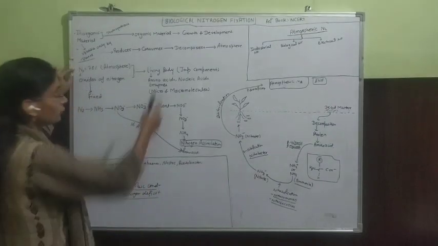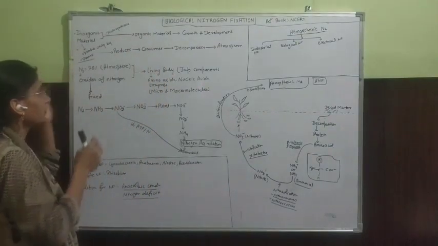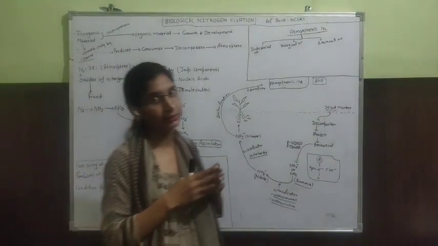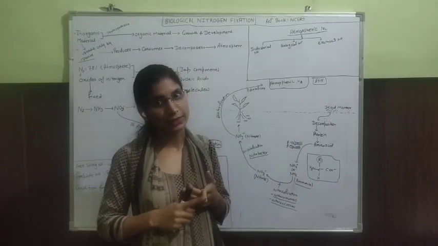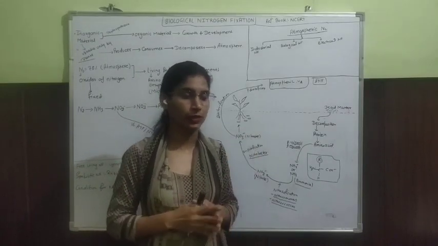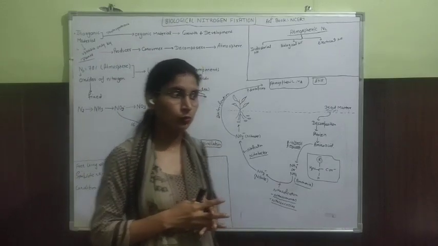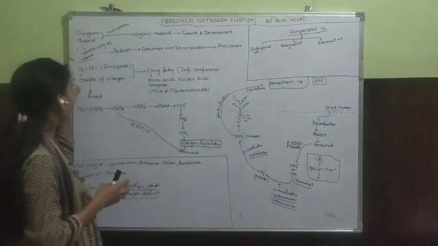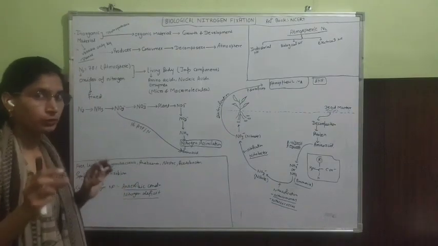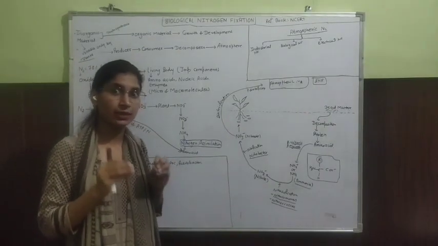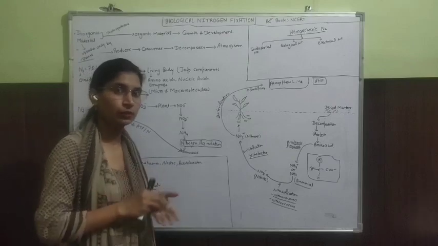Because we are talking about nitrogen fixation, the nitrogen is mainly present in the atmosphere in the form of dinitrogen, nearly 78%. How is it fixed? Because this is an unavailable form for living organisms.